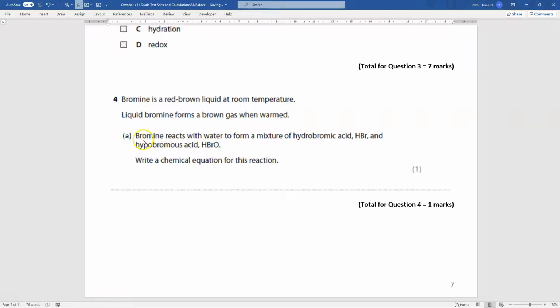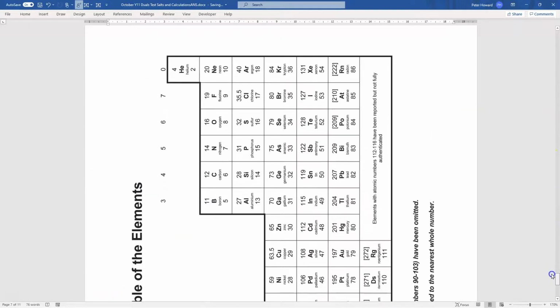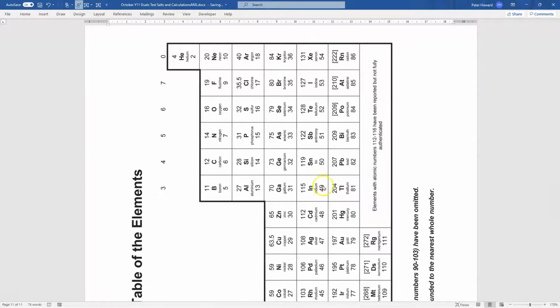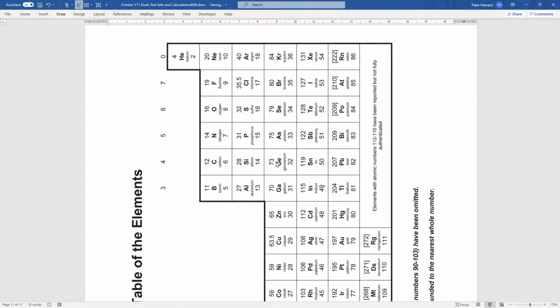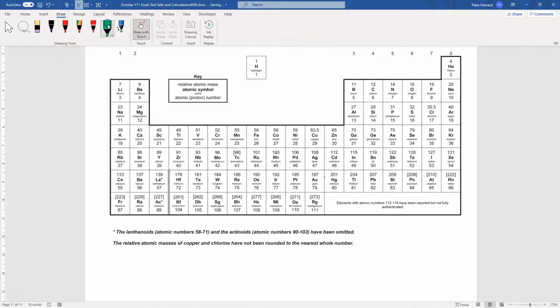Bromine. Now, one of the things you should remember, I might just show you on the periodic table. Let's scroll down. Certain elements exist as pairs. Certain elements always go around in pairs.